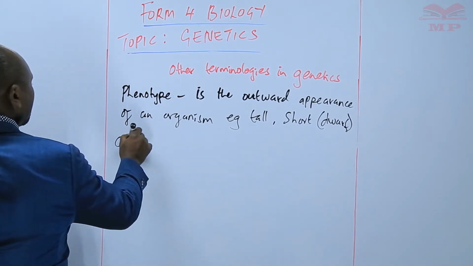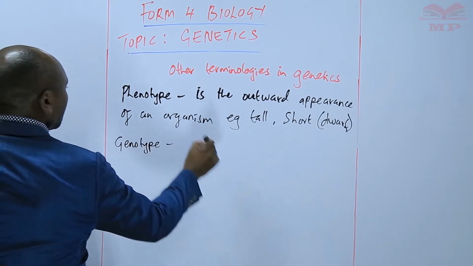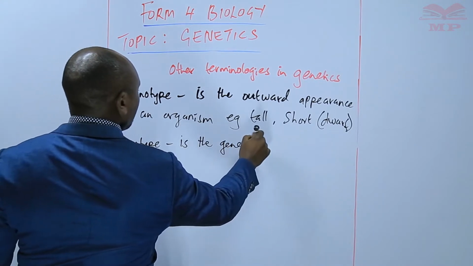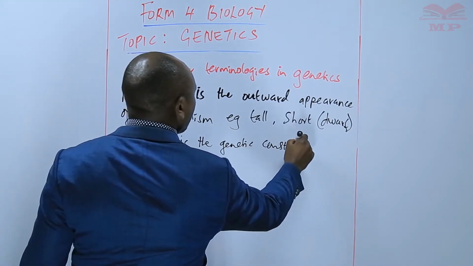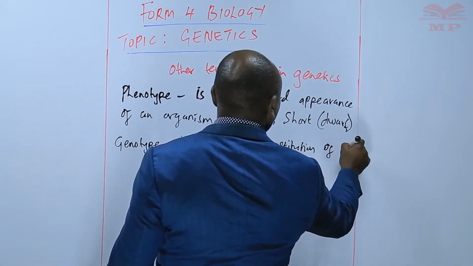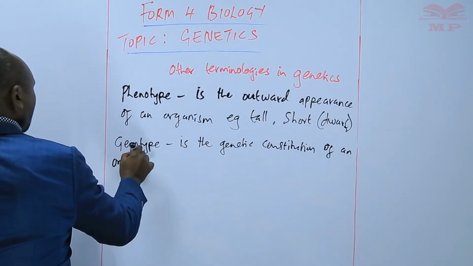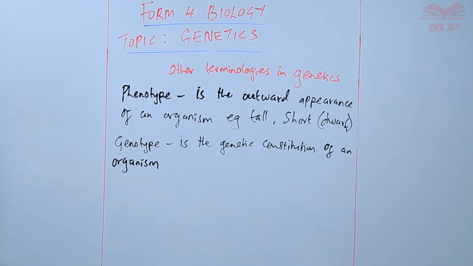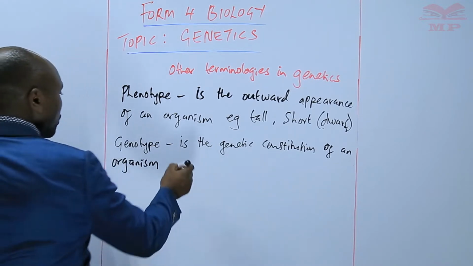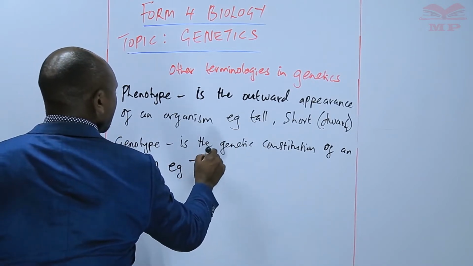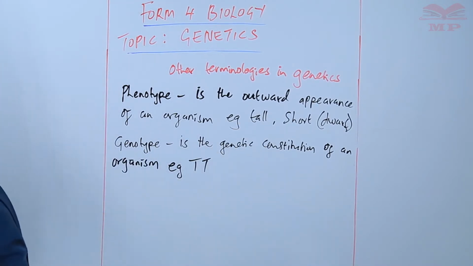We also have something that is known as the genotype. This is the genetic constitution of an organism. So, for example, let us use the letter capital T to represent tallness.